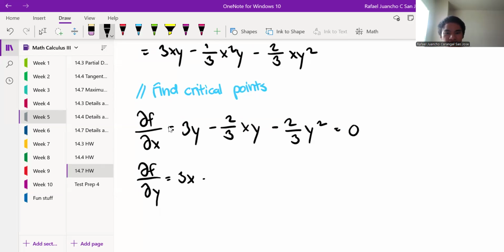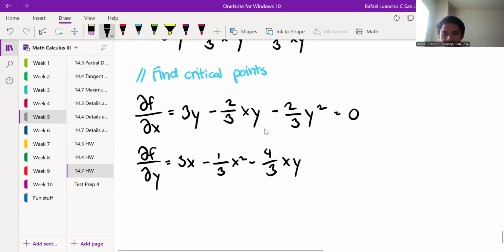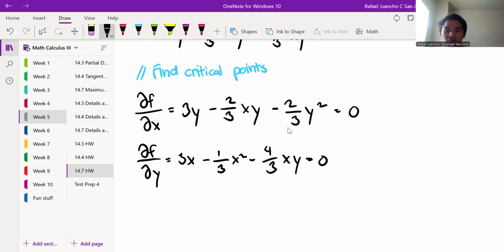So here I do 3x minus 1/3 x squared. X squared is just a number. I leave it. Minus 2/3 x is just a number, I leave it. Here, however, I have 2y squared, so I make this a 4y. And then I also equate that to 0.